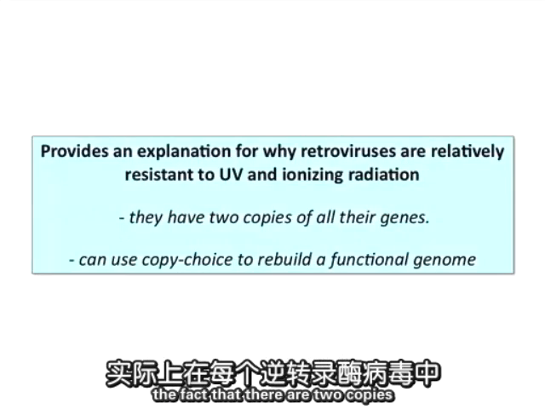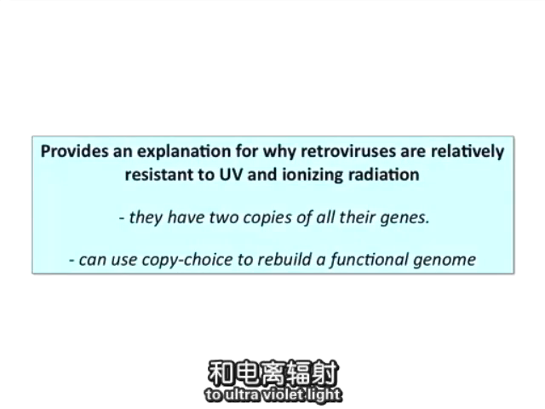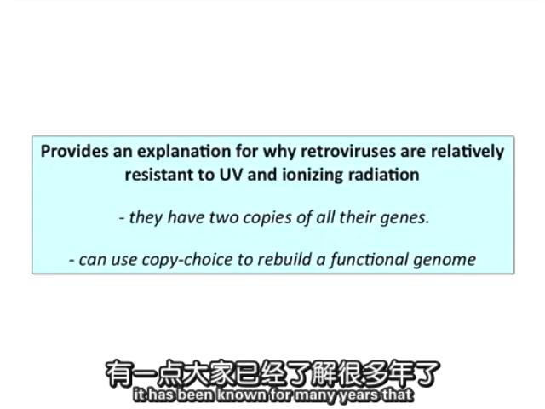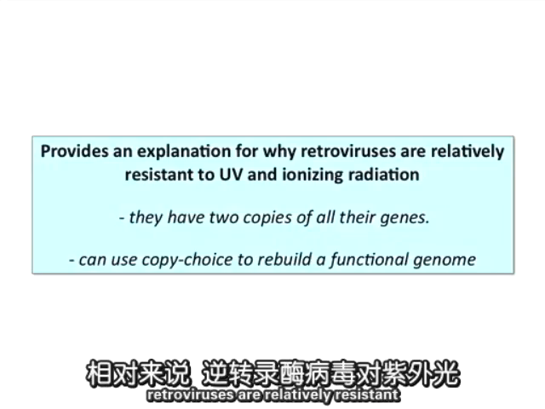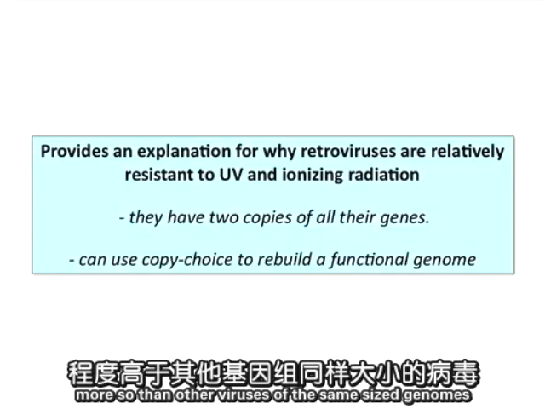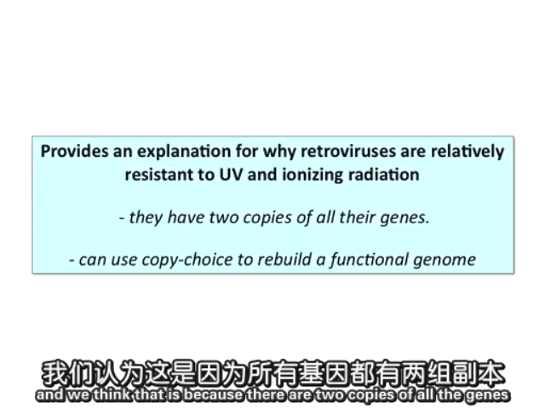The fact that there are 2 copies of the genomic RNA in each retrovirion is very interesting. It's been known for many years that retroviruses are relatively resistant to ultraviolet light and ionizing radiation, more so than other viruses of the same size genomes, and we think that's because there are 2 copies of all the genes.